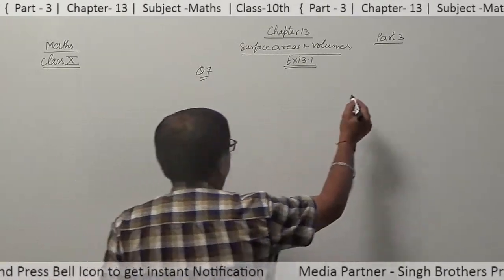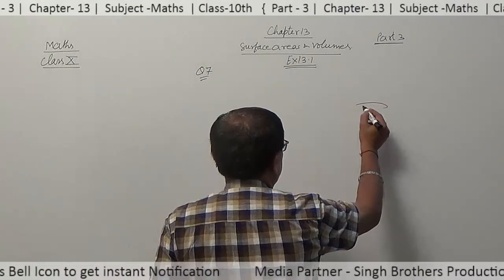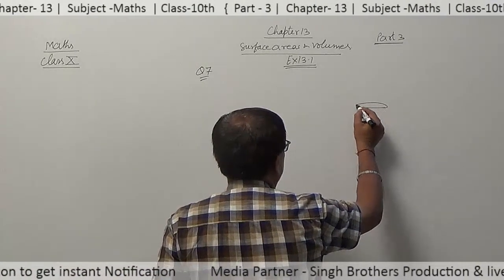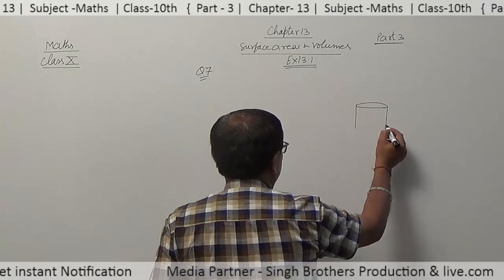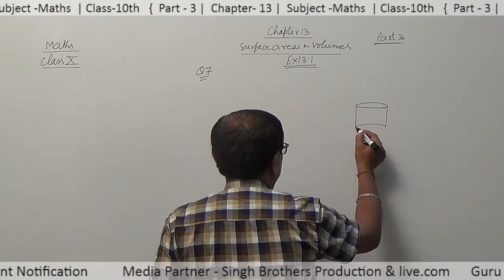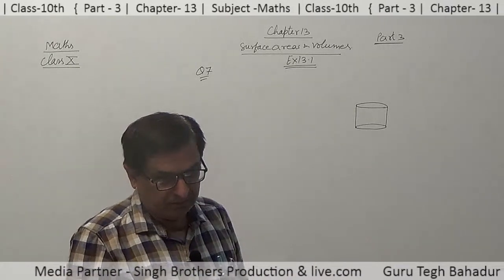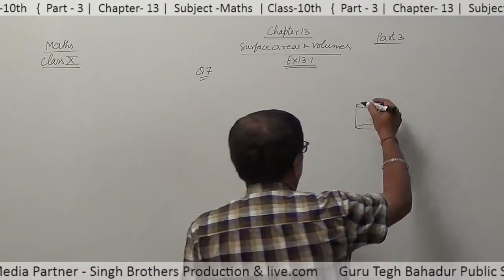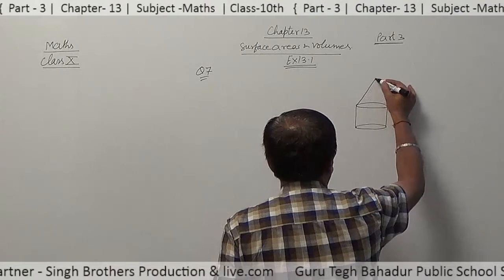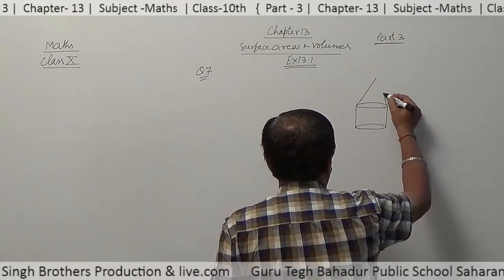So, this is the tent which is in the shape of a cylinder and surmounted by a conical top.